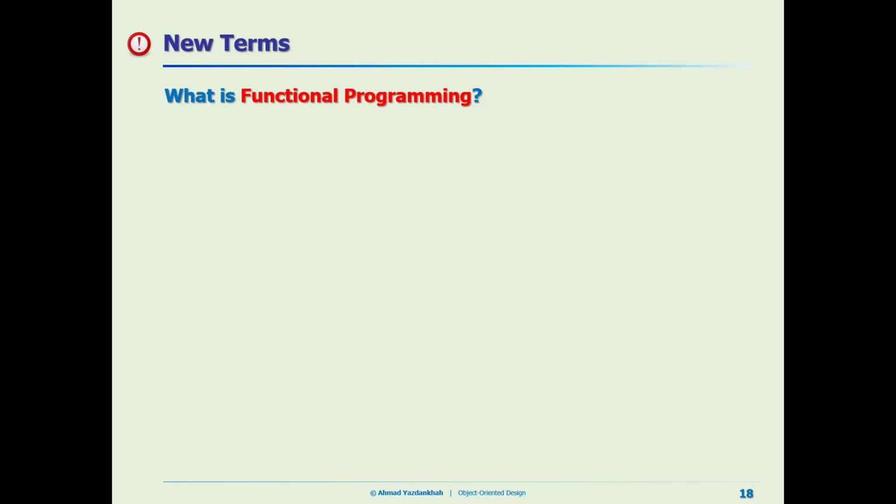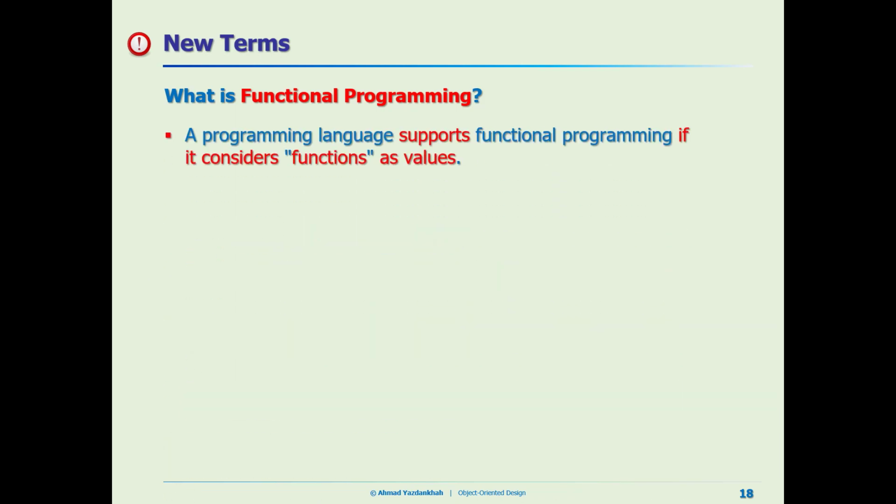Functional programming is a programming style, or let's say those programming languages that claim they support functional programming should have some feature. What feature? They should use functions as values. What does it mean, using functions as values? Here is the definition.